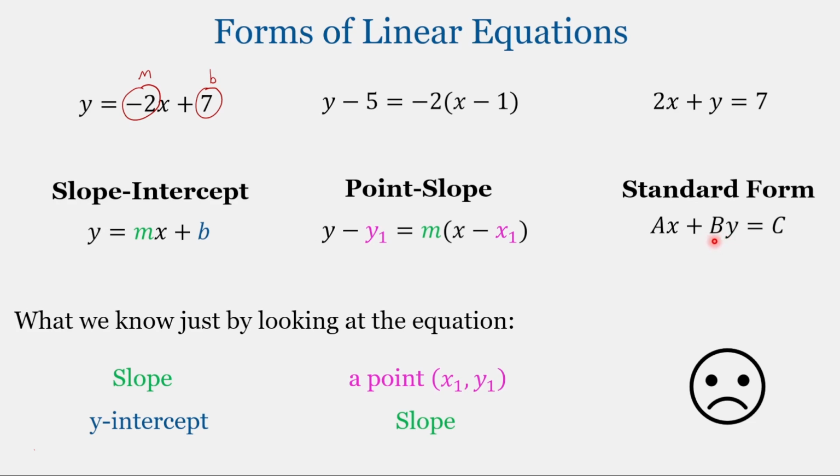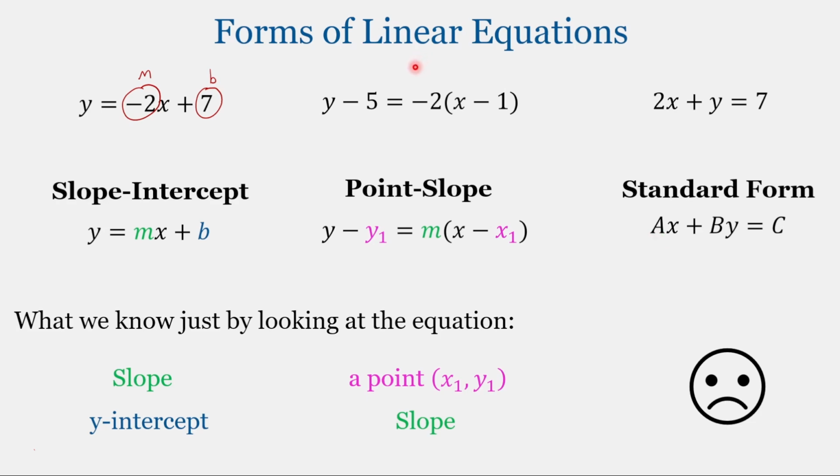Notice we have a capital B in standard form and a lowercase b with slope-intercept. These are different. This lowercase b stands for the y-intercept. But in standard form, these capital letters A, B, and C all represent numbers, the coefficients of x and y, and a constant.